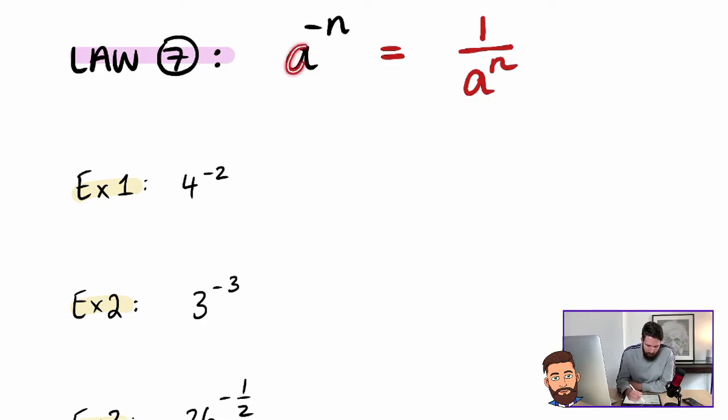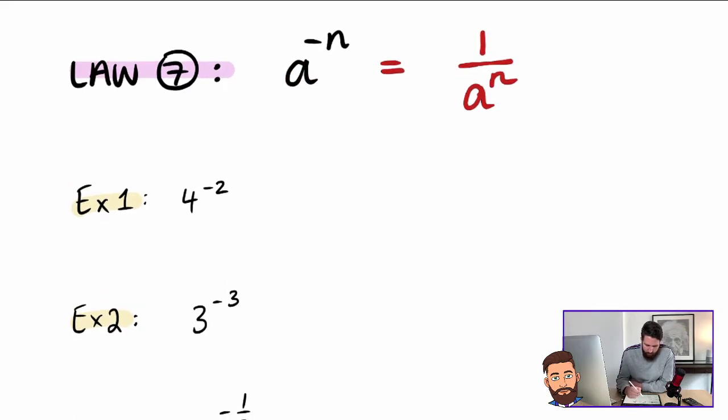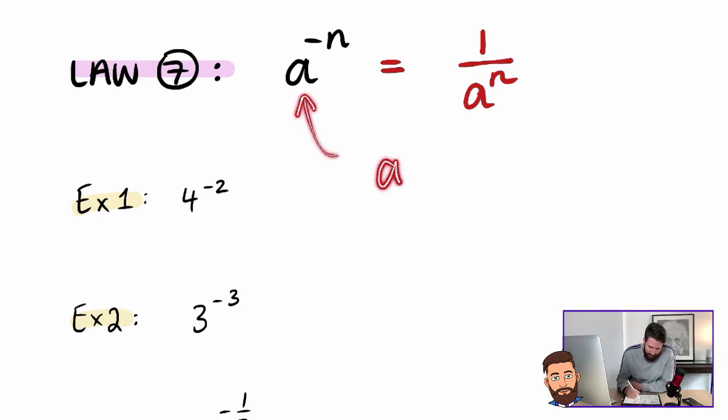You do the reciprocal, which means you flip it. A technically means a over 1. If you flip it, you get 1 over a. All you really need to remember is that this negative indice, this negative power, means you do 1 over.